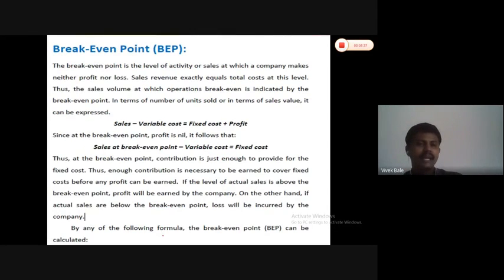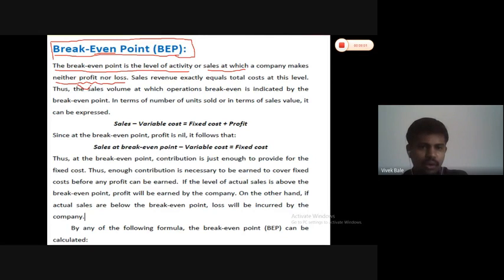Now, the next term in marginal costing is break-even point. See, a very interesting name is given here, break-even point. The break-even point is the level of activity or the sales at which the company makes, and this is very important, neither profit nor losses.